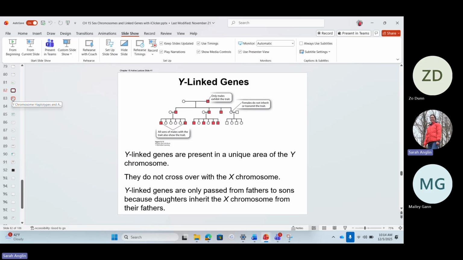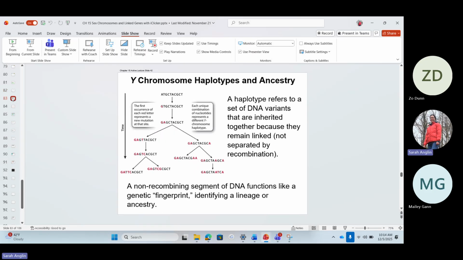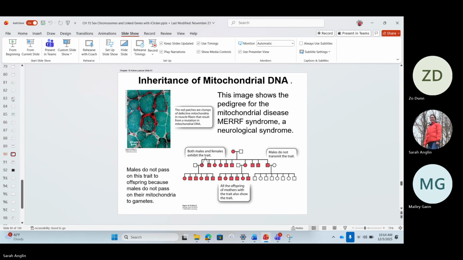All right. And then the last one we looked at was the inheritance of mitochondrial DNA. Remember, all the mitochondria in our body, we inherit from our mother. Whenever the gametes are being produced, when the egg is being produced, there are 4 gametes, but 3 of them don't become mature to produce the egg.